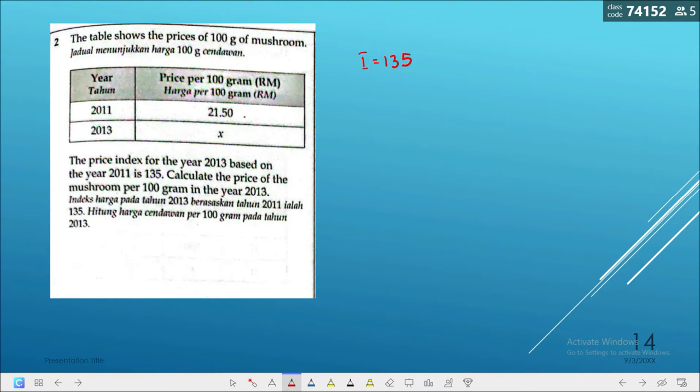The base year is 2011, so Q0 should be 2011 and Q1 should be 2013, times 100 equals 135. Then for 2011 we already know it is 21 ringgit 50 cents, and this one is times 100.